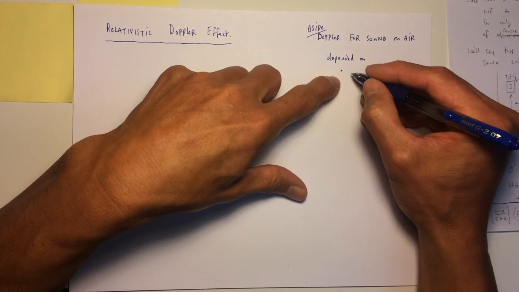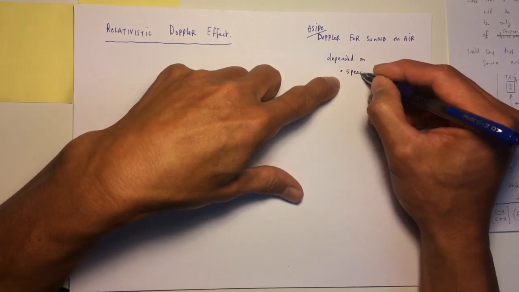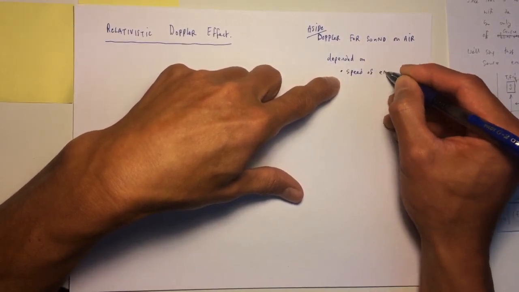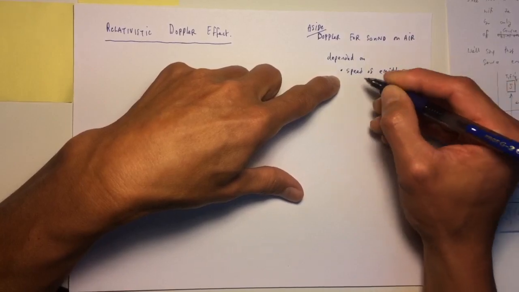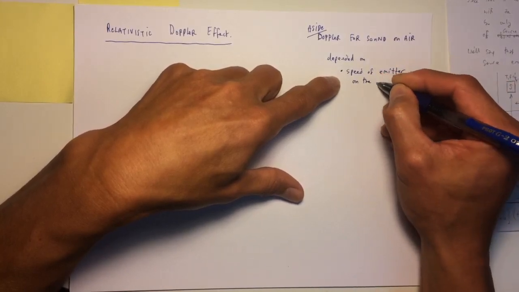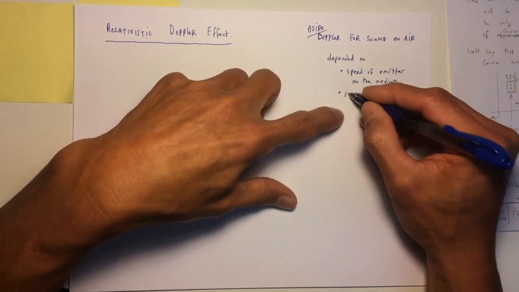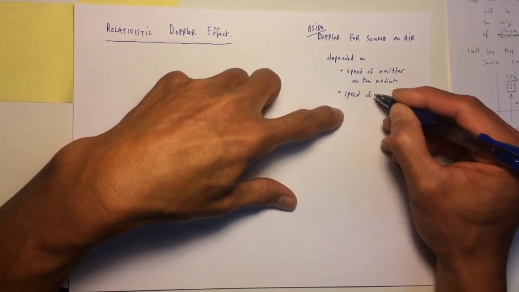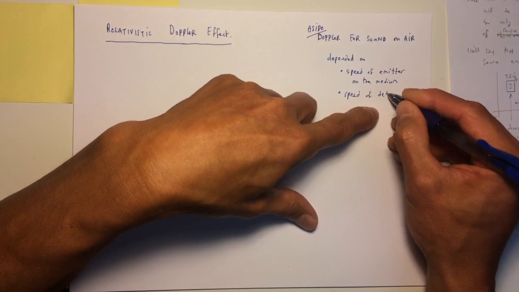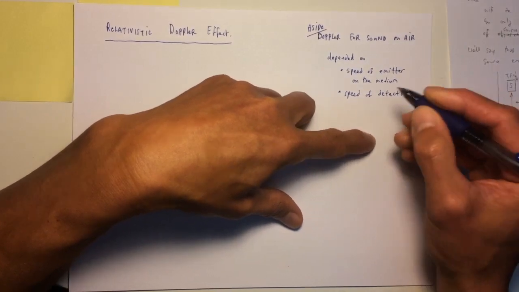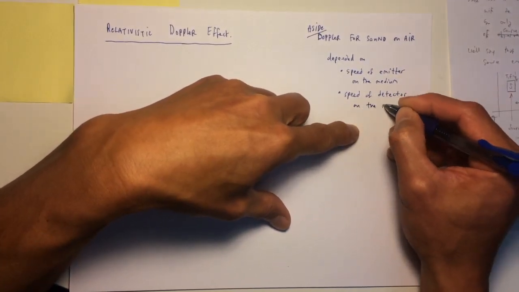It's, for example, the speed of the emitter on the medium, and it also depended on the speed of the detector or the listener on the medium.